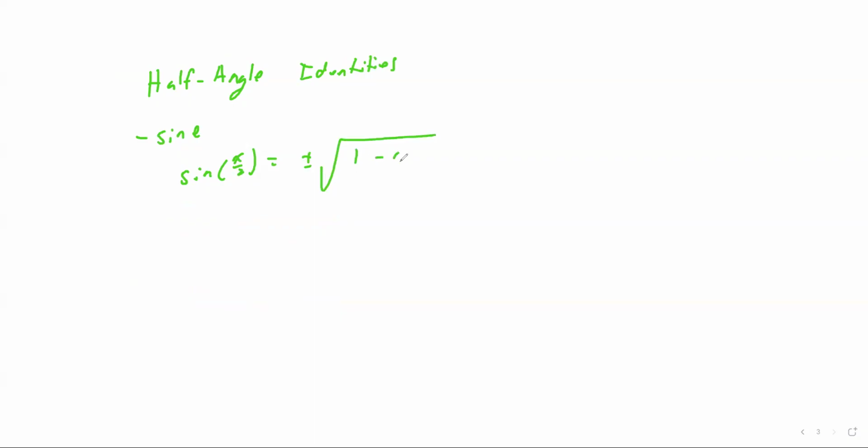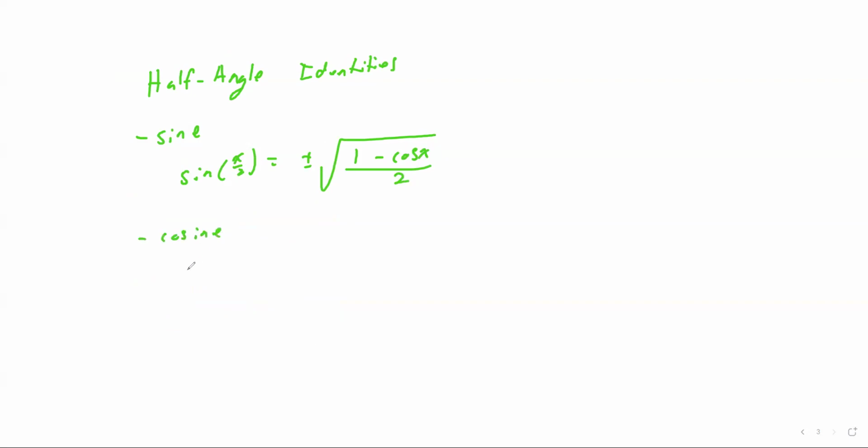All right, the next set is your half angle identities. For sine, we have sine of x divided by 2 will equal the plus or minus square root of 1 minus cosine x divided by 2.